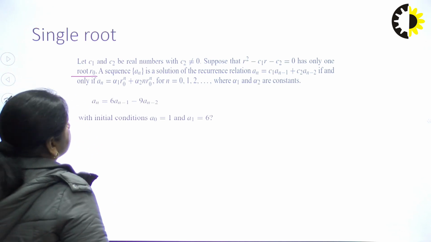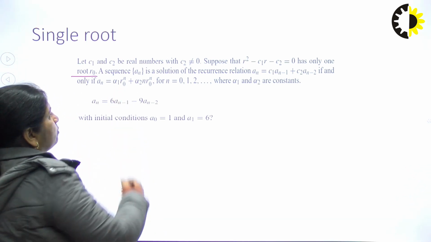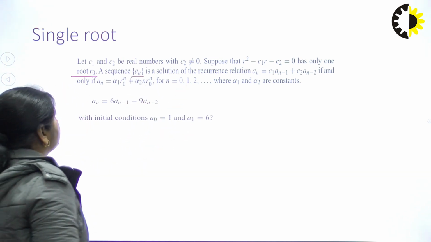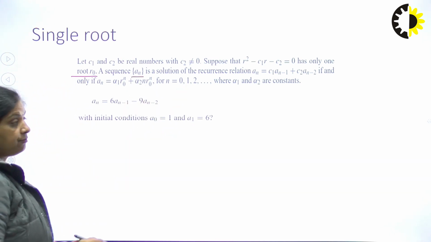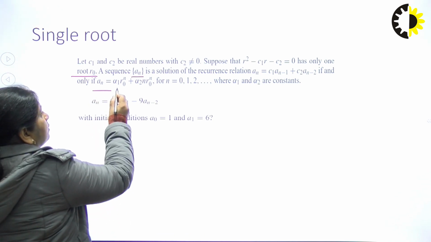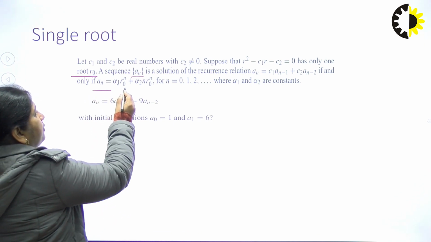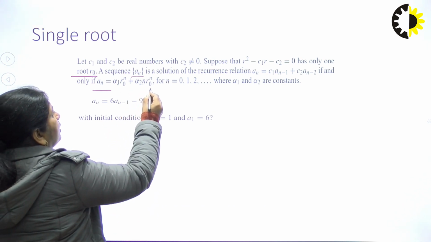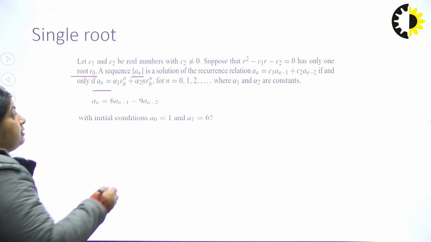So for this, the sequence an is a solution of the recurrence relation if and only if an is equal to alpha 1 r naught to the power n plus alpha 2 n r naught to the power n. So what is the difference?